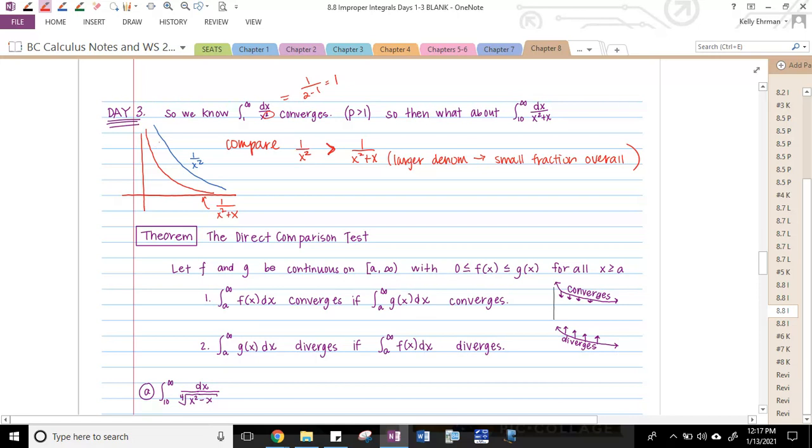The visual for this is like you can think of this 1 over x squared graph. I think of converging as like pushing down on it. If the blue graph is converging fast enough, then the red graph must be converging as well. So the smaller function decreases fast enough.